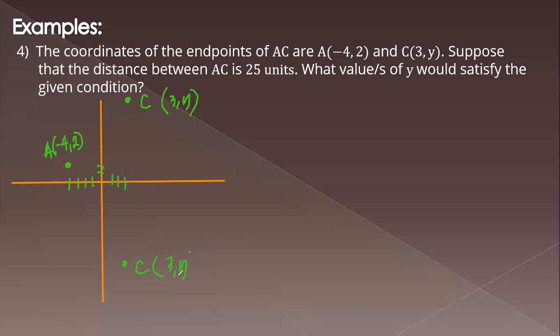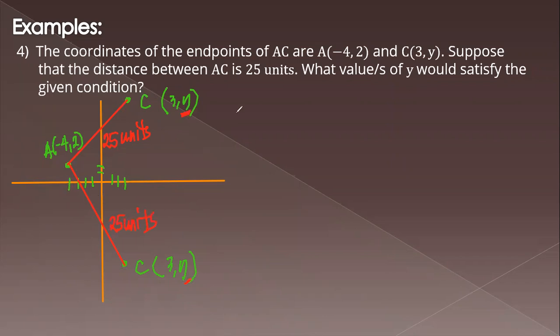Basta ang sinasabi dito sa ating problem that the distance between these two is 25 units. So kapag kinonect mo tong dalawang to, pareha silang merong distance na 25 units from point A. Okay, so ang tanong lang dyan, ano yung value ng y na magsasatisfy sa condition that the distance between point A and C is 25 units.